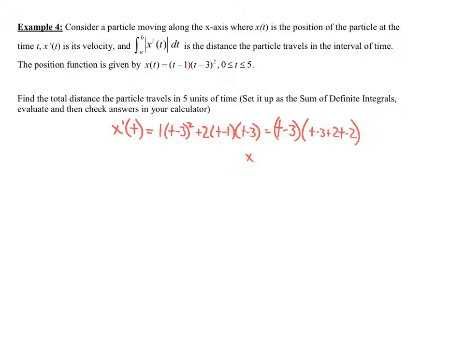So I know x prime of t is t minus 3 times 3t minus 5. So now I actually have my derivative function.